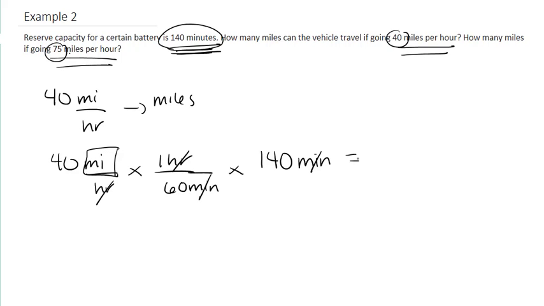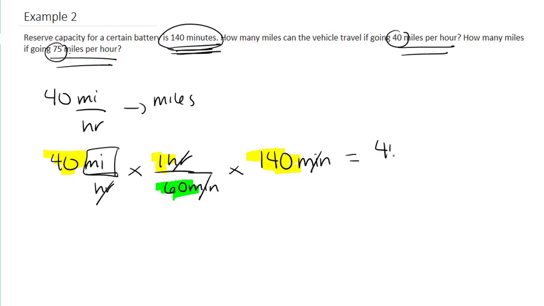And this will give us the amount of miles a car can travel, going 40 miles per hour. So what we do is we multiply all the top numbers together, and then we multiply the bottom together, which is just 60. So we'll just divide by 60 in the end.